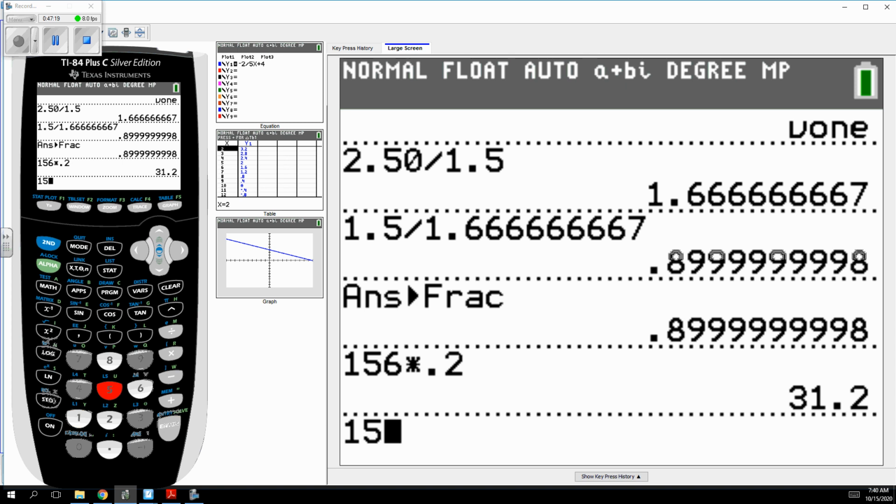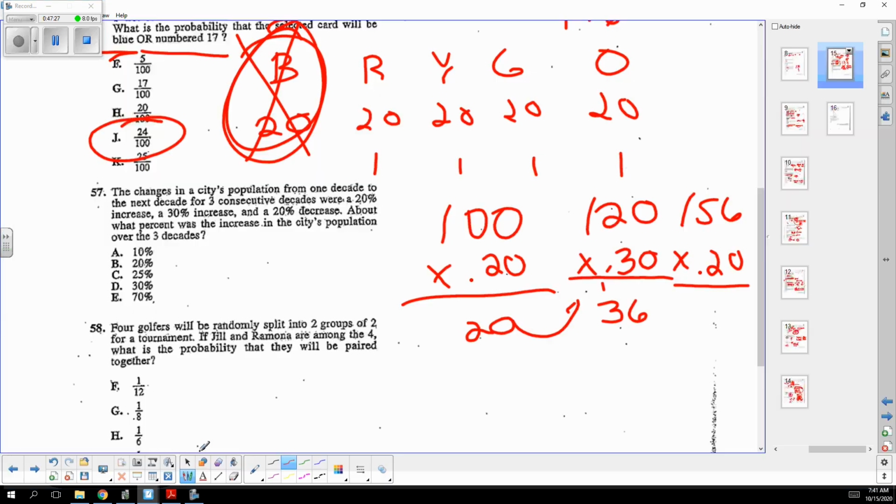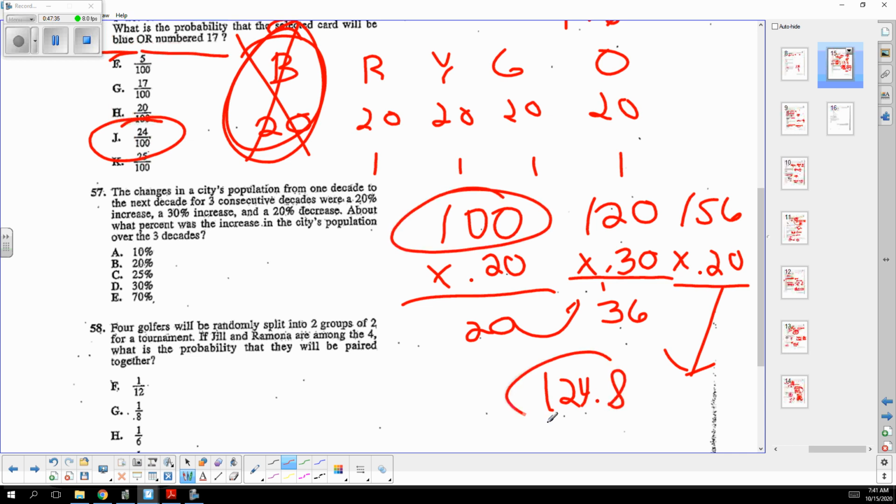So that's 31.2 from 156, and I get 124.8 as my final answer. So the population started at 100, it got to 125, so what's the change? And that's why 100 is such a good pick.